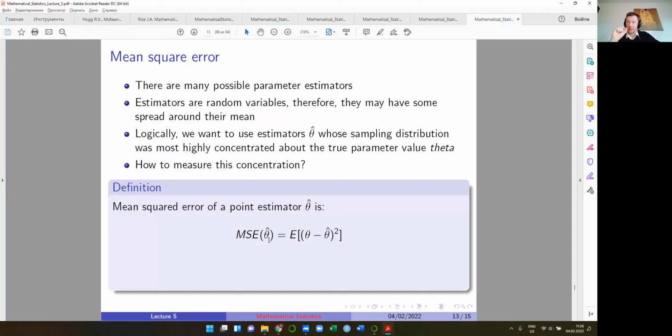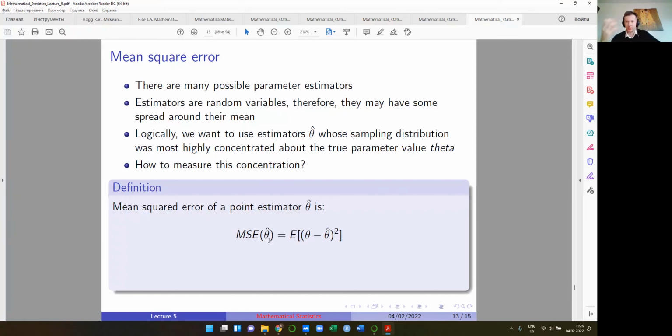We are talking about the probabilistic properties of our estimators. So you are never able to calculate this mean squared error from your data. You will be able to calculate the sample analog of this, and we will do this. But now we need to understand the concept.